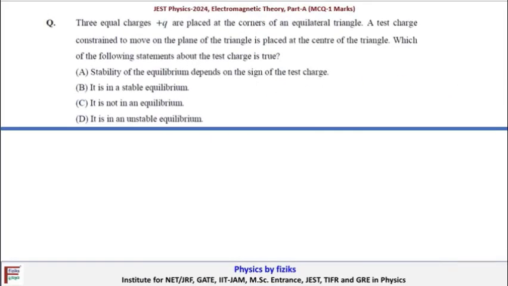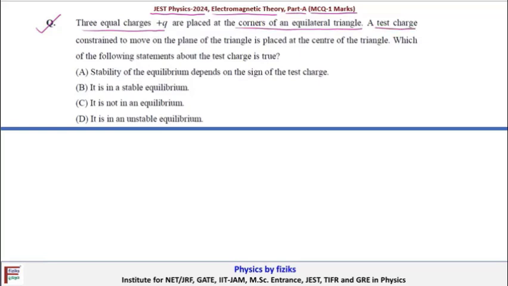So this is a JEST Physics 2024 Electromagnetic Theory Part A MCQ 1 marks question. In this question it is given that 3 equal charges plus q are placed at the corners of an equilateral triangle.